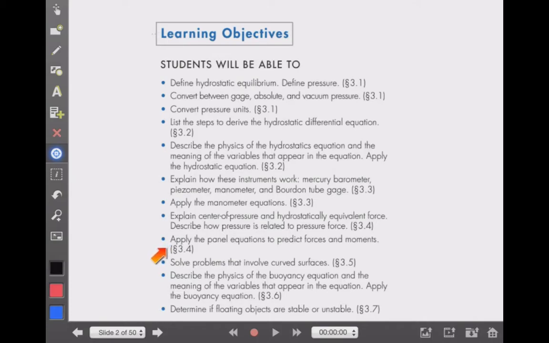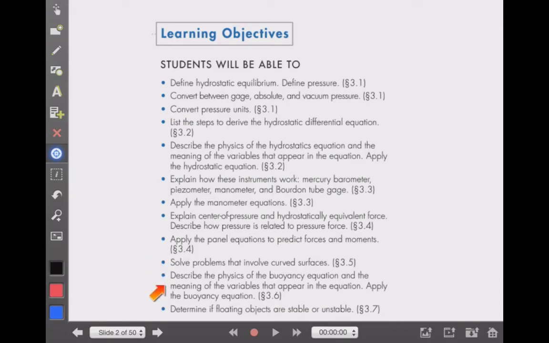An example problem of what I mean by a panel is a gate that may need to be opened at the bottom of a dam under extreme pressure, and what the forces are on a gate, and what moments and forces we need to apply to get that gate open to allow water to spill through the bottom of the dam. In addition, after talking about straight surfaces, we'll apply panel equations to curved surfaces, and these are hard sections.